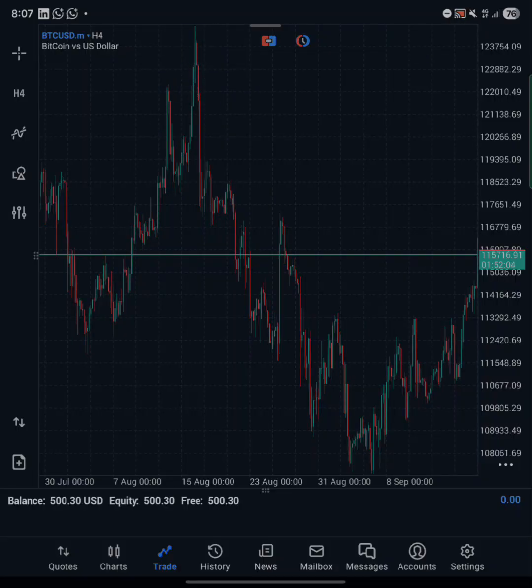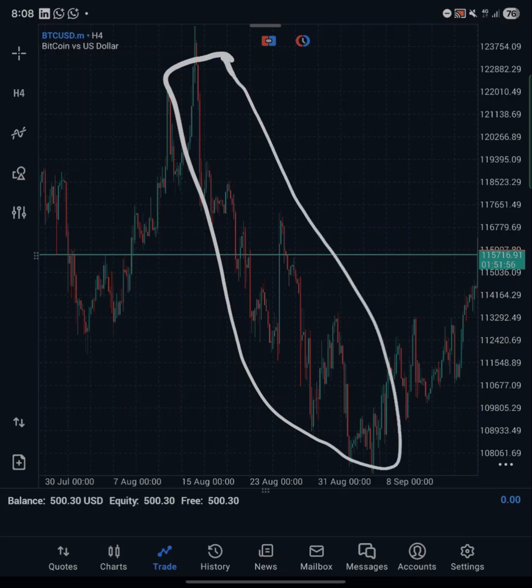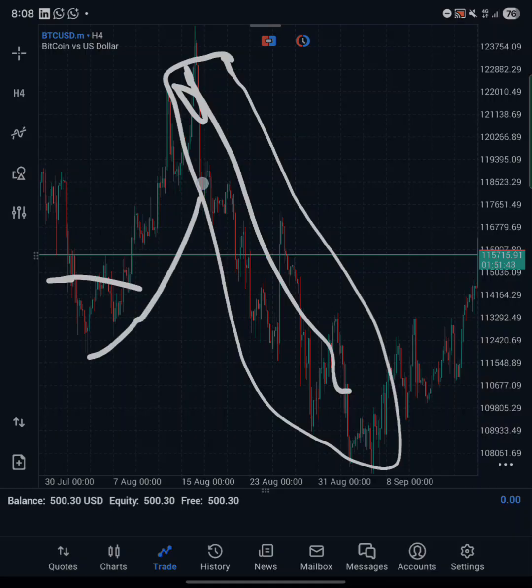Let me use a pen. From here to down here the market is what? Bearish. That is just how it is. Then from here to up the market is what? Bullish.